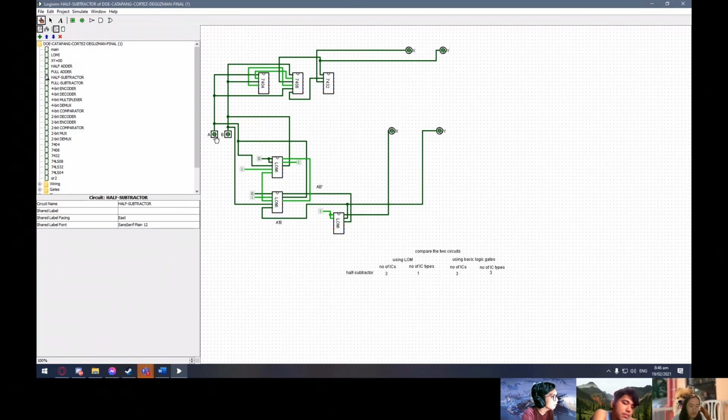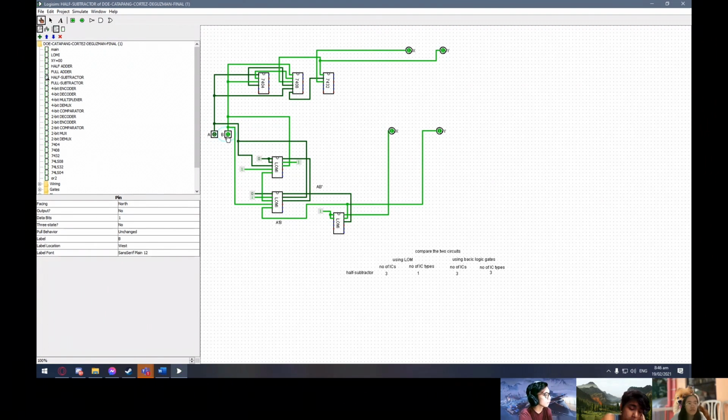By clicking one of the inputs, it lights up for X, and if we click the second input, all of the outputs light up. But if we click both of the inputs, it will not light up. That is the purpose of a half subtractor.